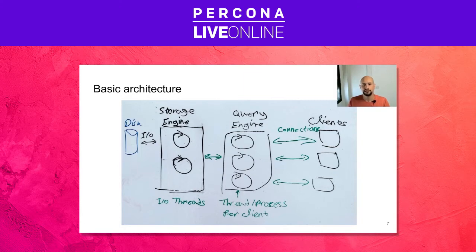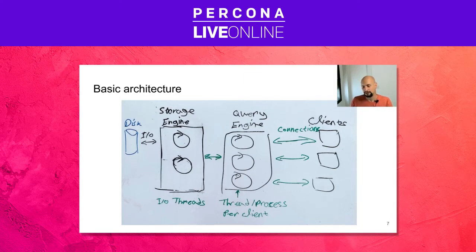And they communicate with a different thread pool, which is in charge of the storage engine. These are the IO threads. So in InnoDB, you would have InnoDB IO threads. And they're in charge of taking care of the storage, updating the storage or the indexes and so on. And they actually communicate with the disk. But it's a different thread pool, and they share memory between themselves.